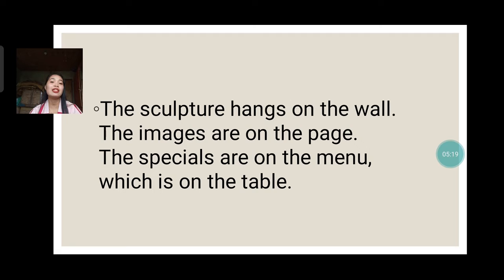Like in these examples, on describes that the sculpture was hanging on the wall, and the images are on the page. Like in a book, when we turn the pages, there are images of a man, a playground, a kitchen, or any image that we can find in a page of a book.